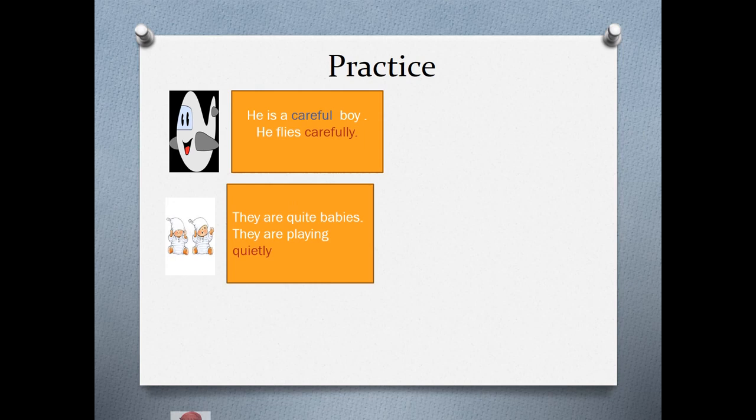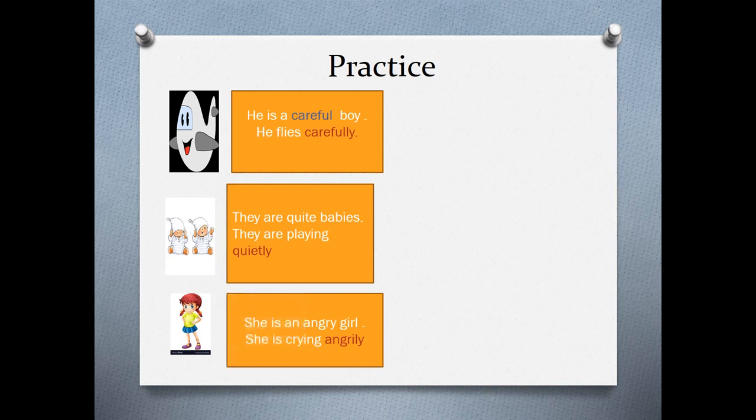I hope you are still writing in your notebook. Okay, next sentences. She is an angry girl. So girl is noun. Angry is adjective. She is crying angrily. So angrily is adverb. Crying is verb.